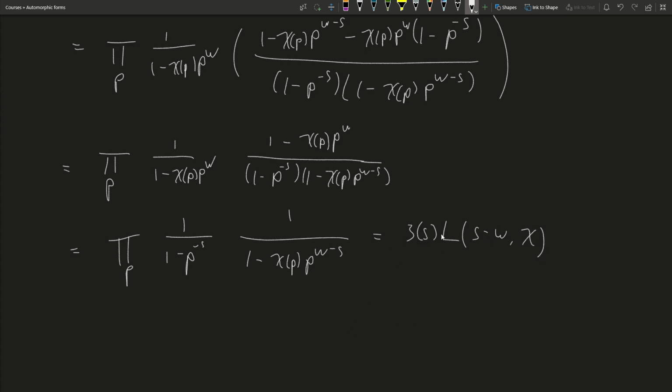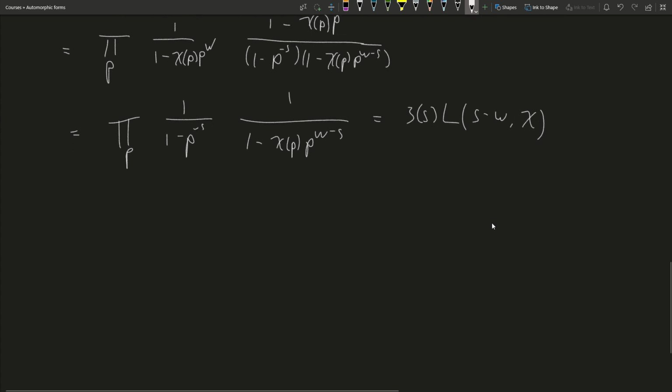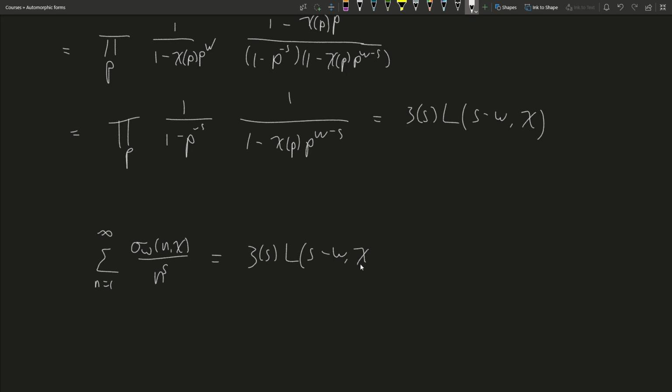So this is what we end up getting for our initial Dirichlet series, i.e. the sum n from 1 to infinity of sigma sub w and chi over n to the s, at least where everything converges absolutely using the series definition. This is equal to zeta of s times L of s minus w chi. So that's cool. That's a nice representation.